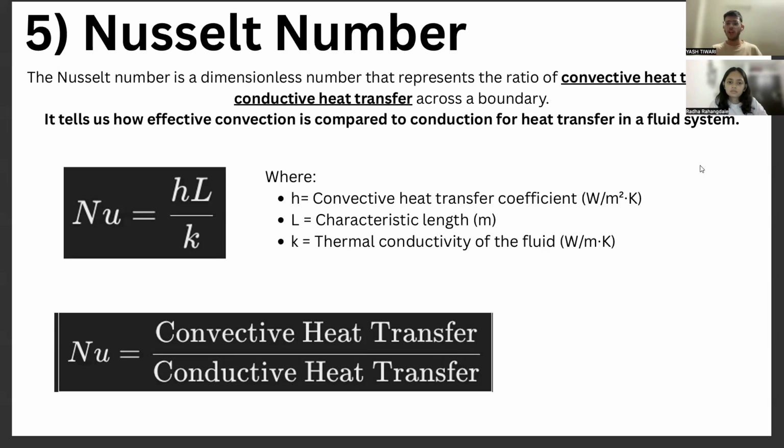Its unit is watt per meter square Kelvin. L, as we learned in the Reynolds number, stands for the characteristic length. It is in meters. And k is the thermal conductivity of the fluid, in watt per meter Kelvin. So Nusselt number can be described in gist as convective heat transfer upon conductive heat transfer.